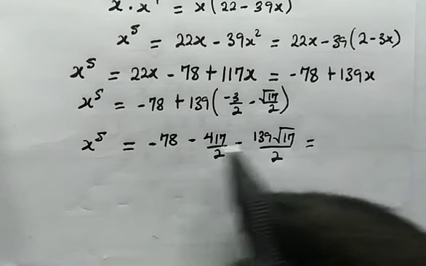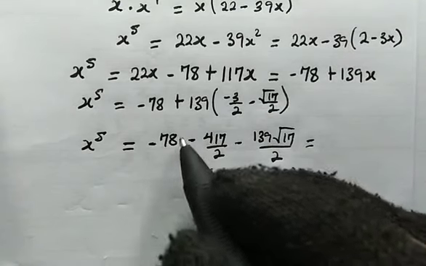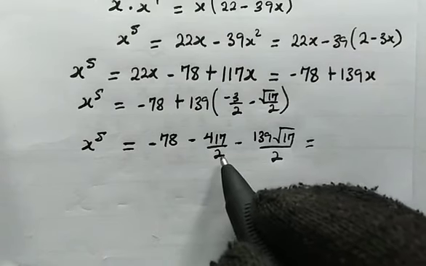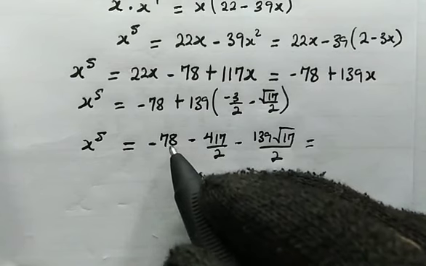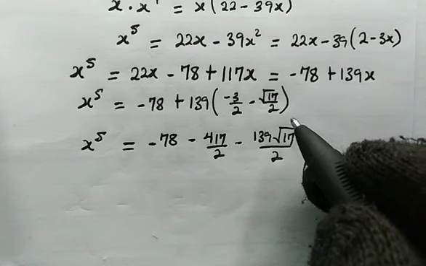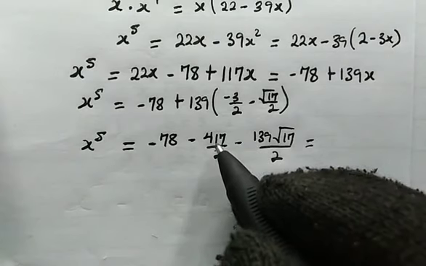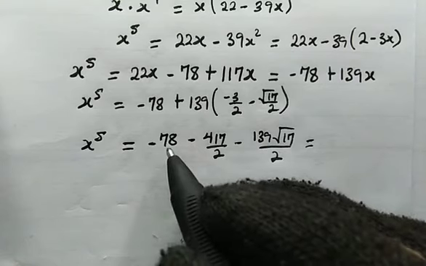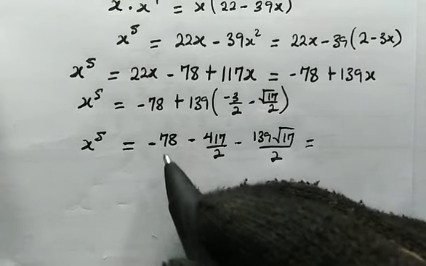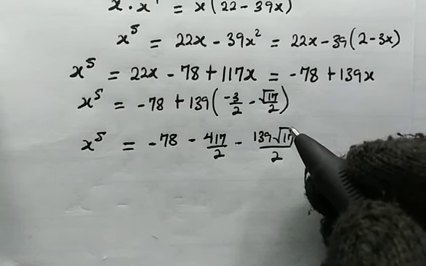From here, we remember to simplify this. We need to multiply negative 78 by 2 over 2 so that we have an equal denominator with this denominator here. When you do that, we get 156. Let me check: if you multiply 78 by 2, that is 156.